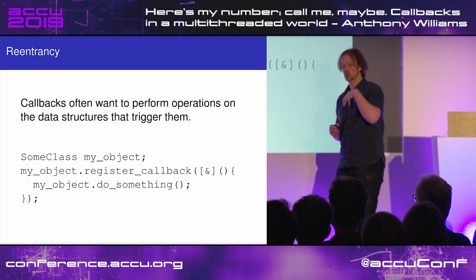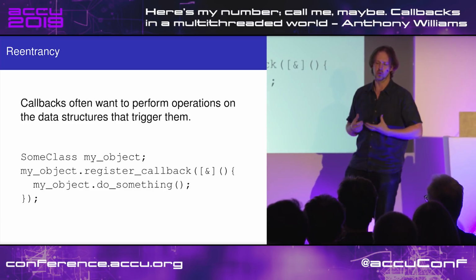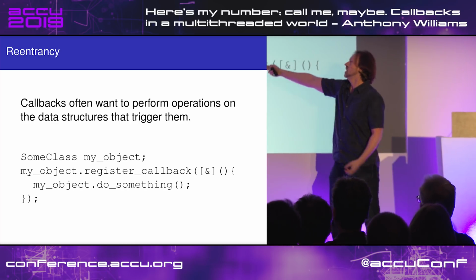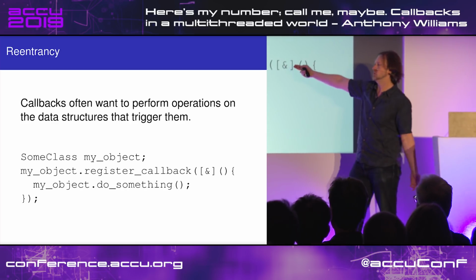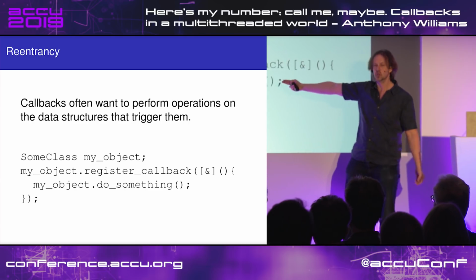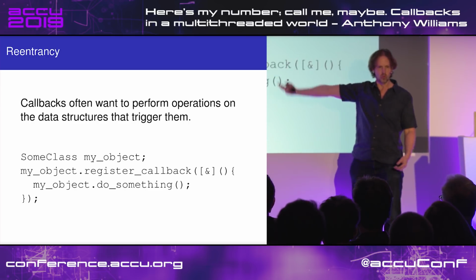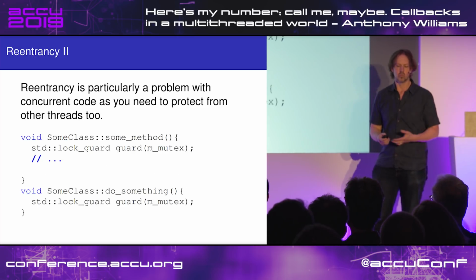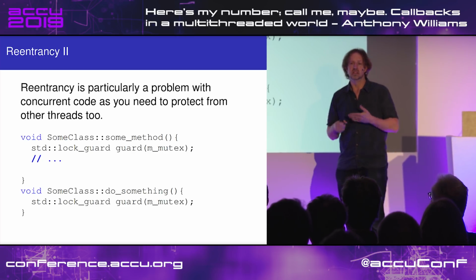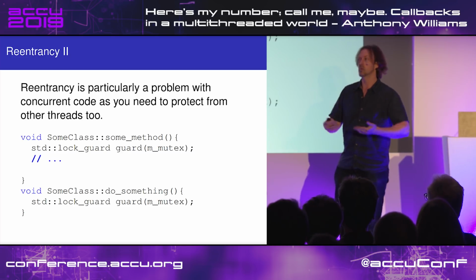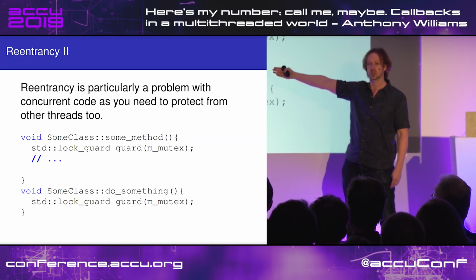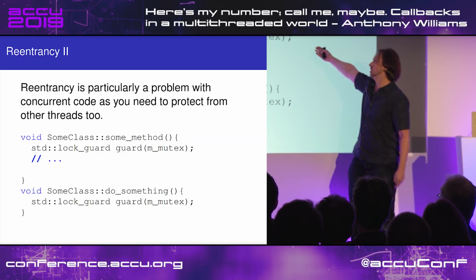So when I talk about reentrancy, I said you often want to perform operations on data structures. So you've got some object, you register a callback for when something happens, and you might want to do something back on that object when the callback happens. So this is multi-threaded code, so you're probably going to want to be doing locks. So in your implementation of this class that does the callbacks, you put some nice mutex locks in.